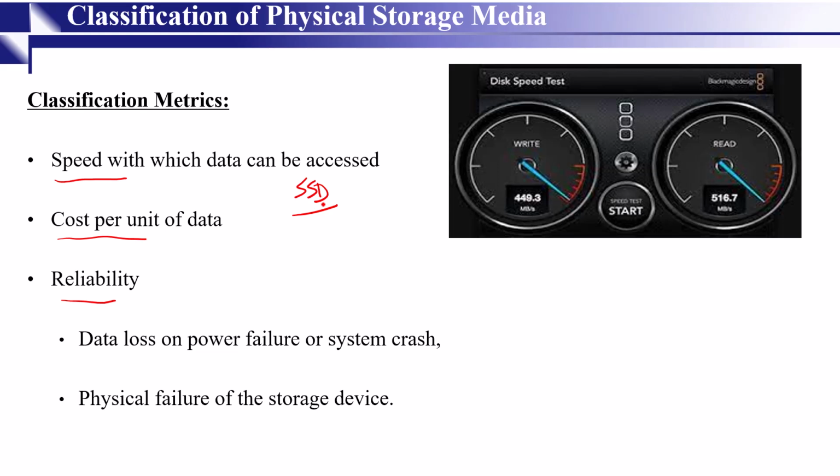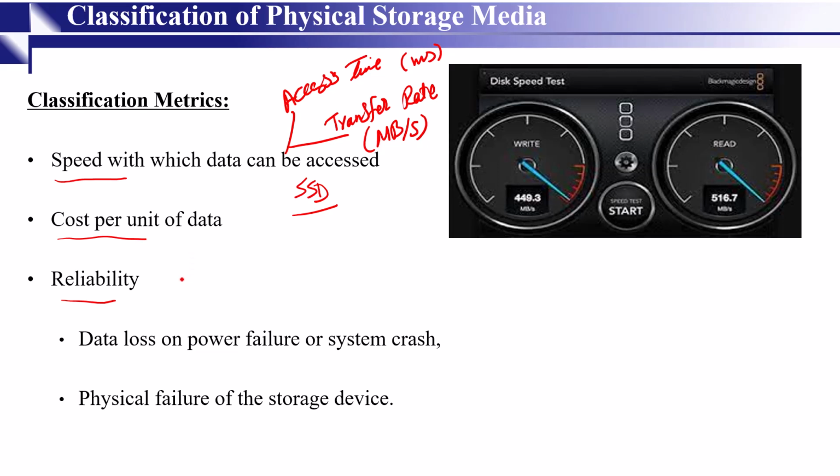Here we have two key metrics. One is access time, that is in milliseconds, and also transfer rate, that is in megabytes per second. Then we have cost per unit of data.